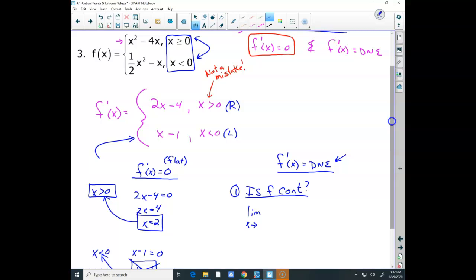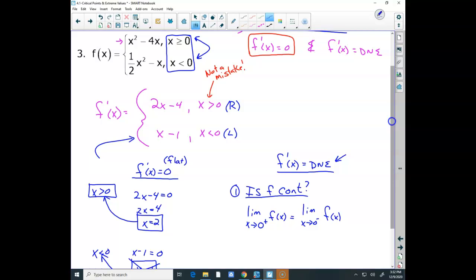So the only question is, do these two parabolas come together? I'm looking at whether the limit as x approaches 0 from the right side of f of x equals the limit as x approaches 0 from the left side of f of x.